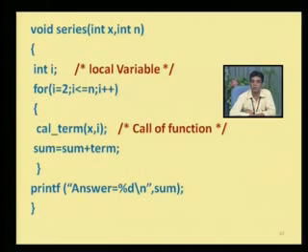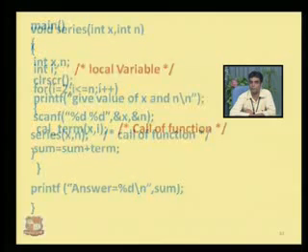Then call_term is called. When the function is called, it multiplies and adds to the sum section. In the sum section we define sum equals sum plus term, and then printf the answer, so we can print the function's answer here.